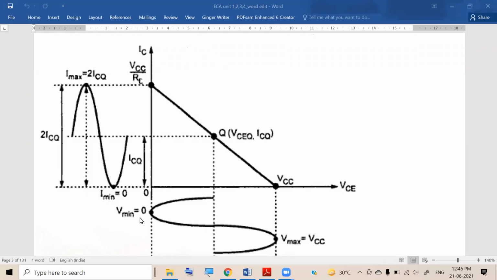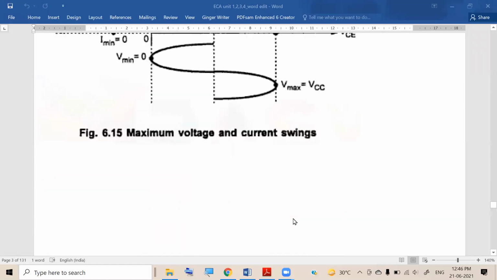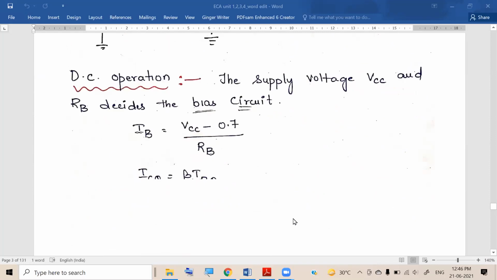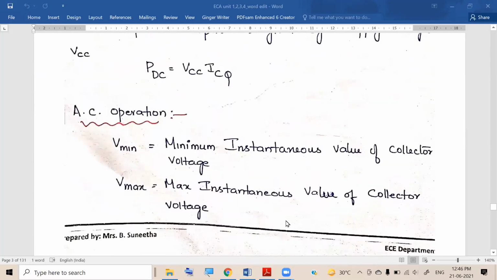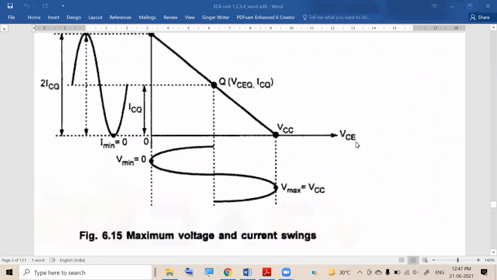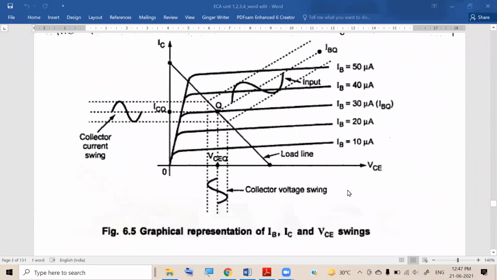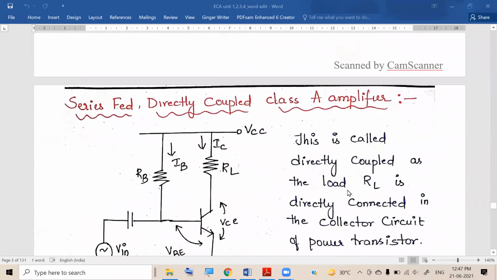Now, the name for Vmax will be the maximum instantaneous voltage at the collector, the maximum instantaneous value of collector voltage. Because with VCE we are dealing with the collector, isn't it? VCE is collector, and in our circuit the emitter is grounded.